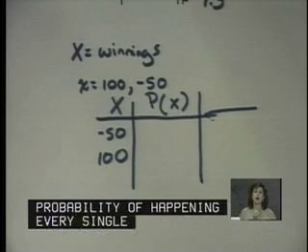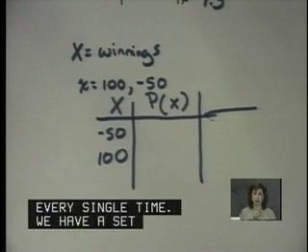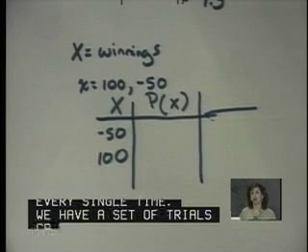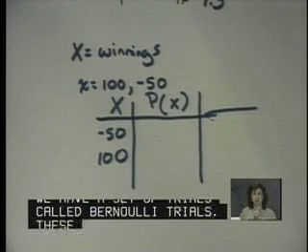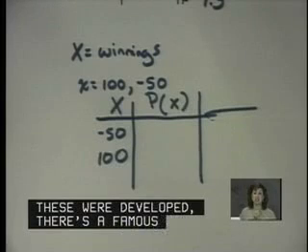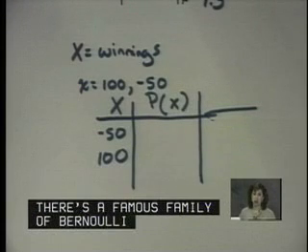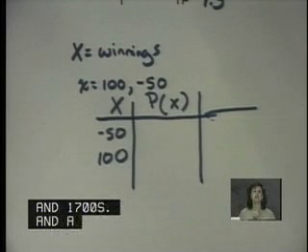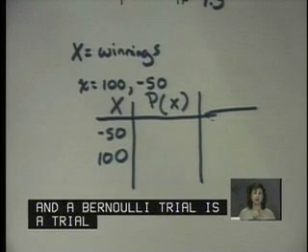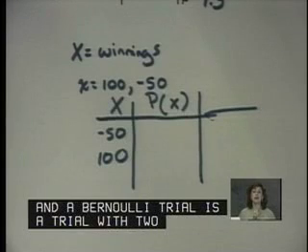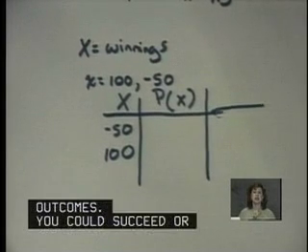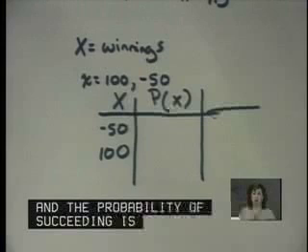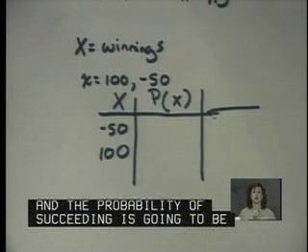We have a set of trials called Bernoulli trials, and these were developed. There's a very famous family of Bernoulli mathematicians in the 16 and 1700s, and a Bernoulli trial is a trial that has two outcomes. You could either succeed or you could fail. And the probability of succeeding is going to be the same every time you do the experiment.